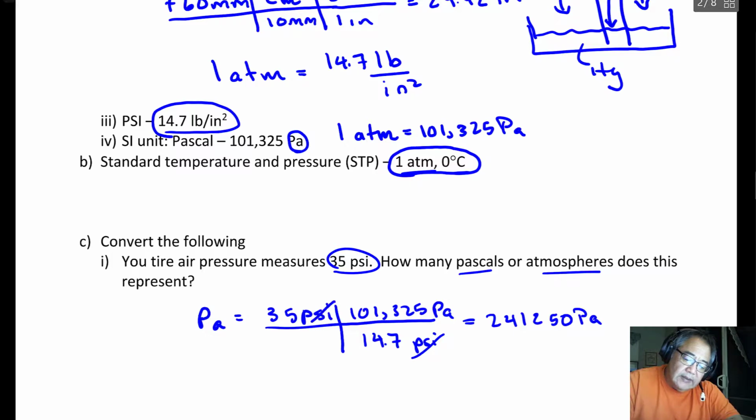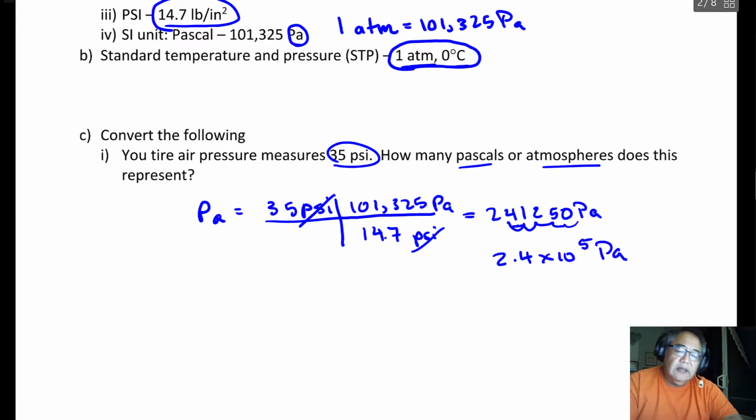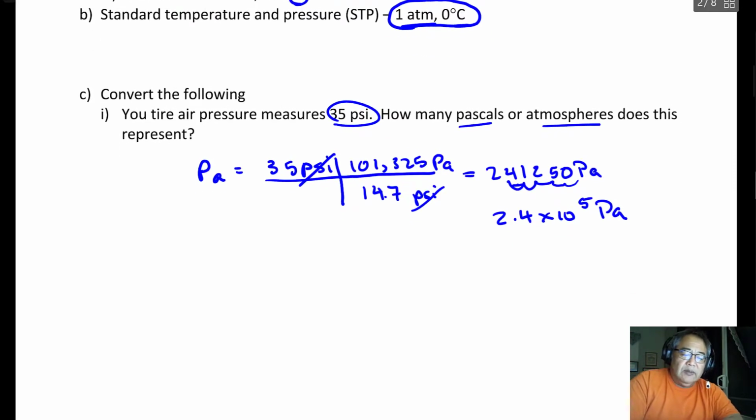Because the PSI will cancel. And then two significant figures, so we would say 2.4, and then you go 1, 2, 3, 4, 5, times 10 to the 5th pascals. Like that.